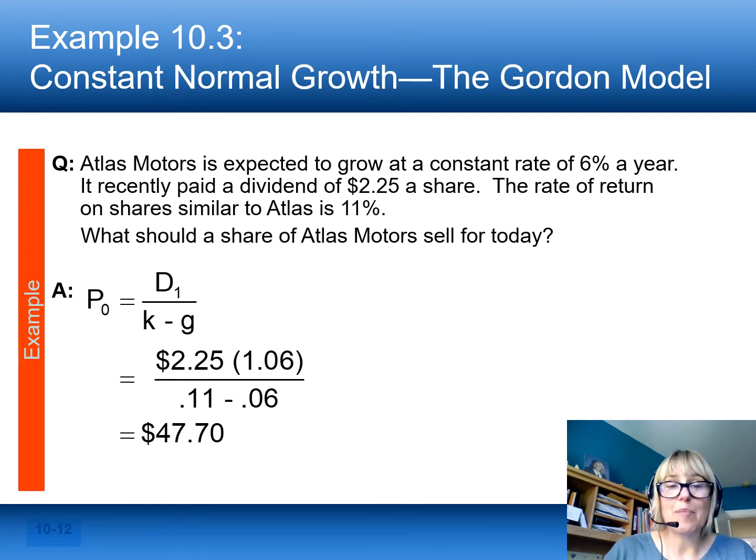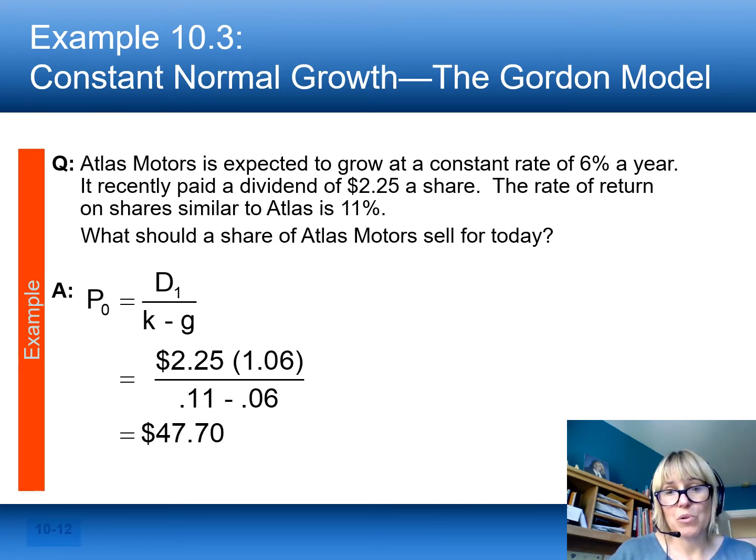If we have a company that recently paid a dividend of $2.25 a share, what this question is trying to tell you is that that is D0, the dividend today, $2.25. And we have to calculate D1, the dividend 1 year out, to get our proper numerator on top. So we take that $2.25 and multiply it by 1 plus 6% to get the dividend 1 year out.